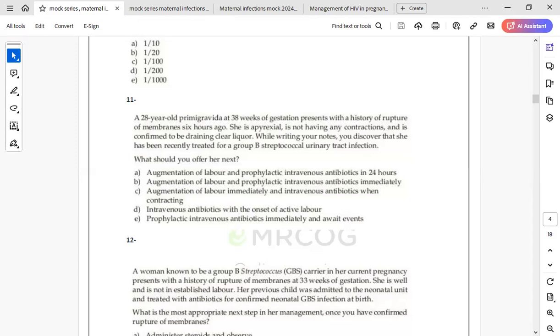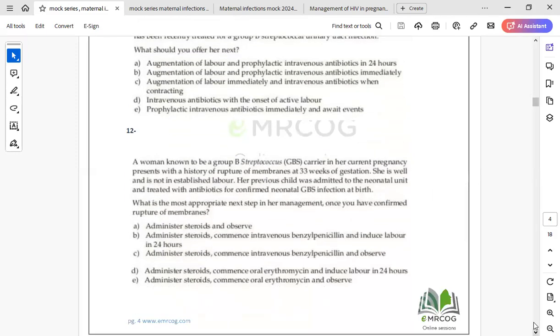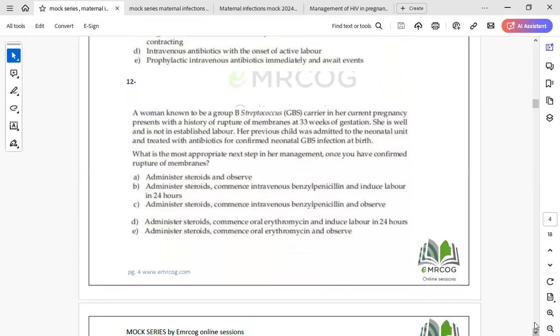Okay. The next one. This woman with GBS carriage in her current pregnancy. She's having history of rupture of membranes at 33. PPROM. Yeah, the previous one is B. Immediately. The augmentation and the antibiotics immediately. This woman who is having a PPROM, she's well and is not in established labor.